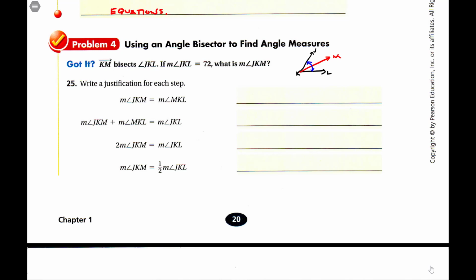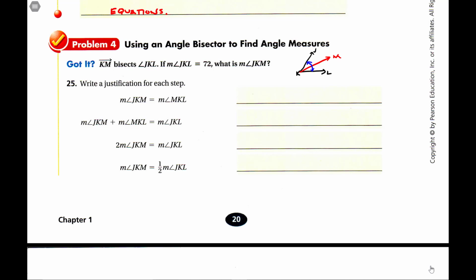Well, there's a very methodical approach listed out here on 25. You can choose to follow that if you want to, or you can just use your intuitive understanding of angle bisector. If JKL is 72 degrees and KM bisects it, that means it cuts it in half. What's each half going to be equal to? Half of 72 is 36, and you're done.